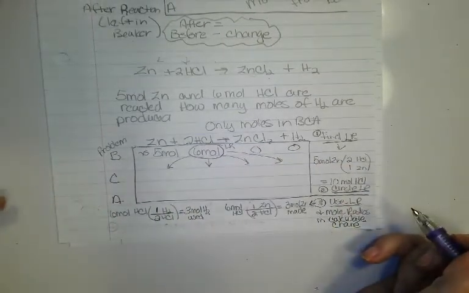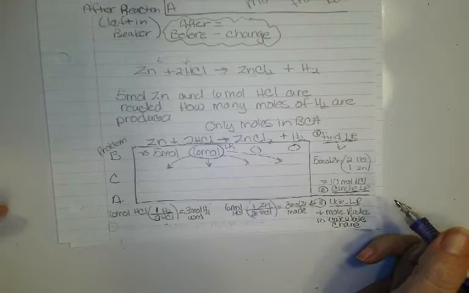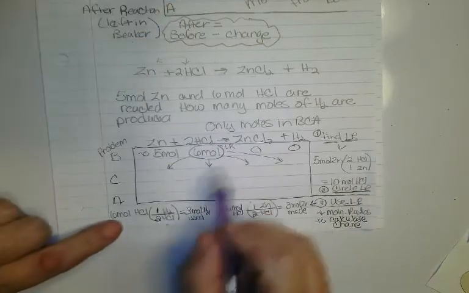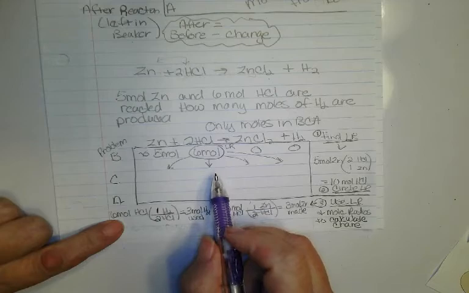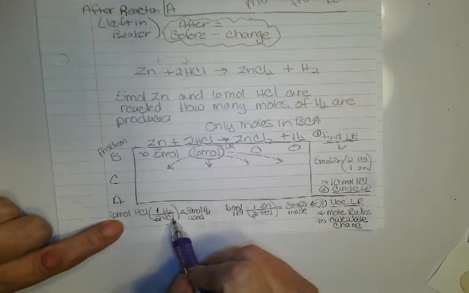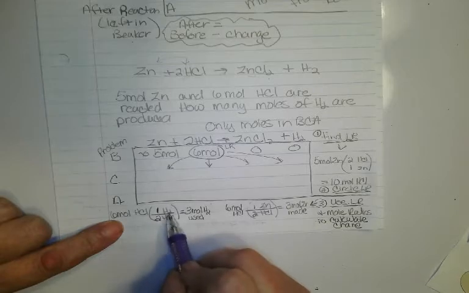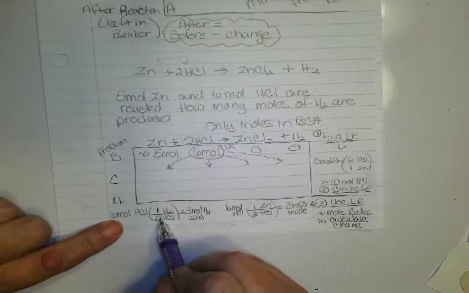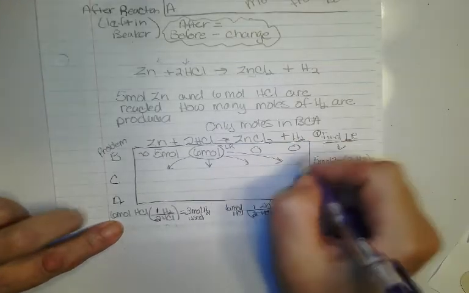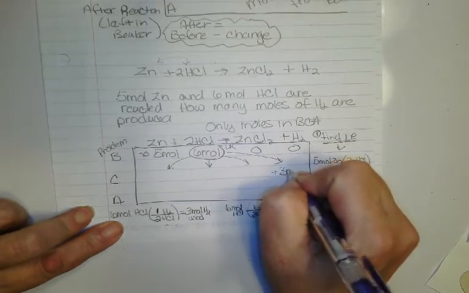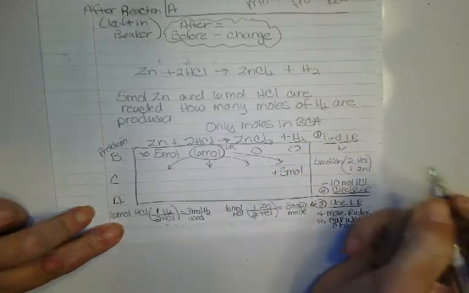So let's see what's happening here. If I have 6 moles of hydrochloric acid, how much hydrogen will I produce? Okay, that's your mole to mole ratio. Here's my given. Get rid of hydrochloric acid, go to hydrogen gas, and it's a 1:2 ratio. That means I'm going to produce 3 moles of hydrogen gas.